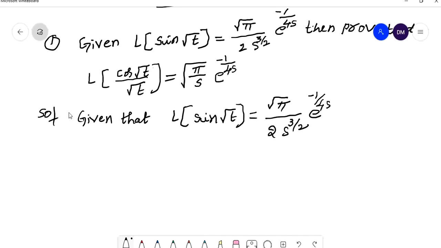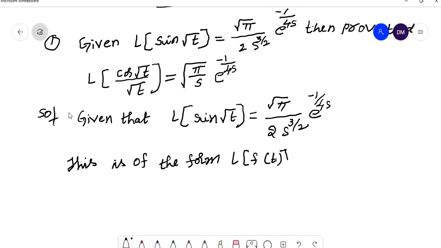What is the form of the given data? This is of the form L of f of t is equal to f bar of s, where f of t is equal to, what is f of t?